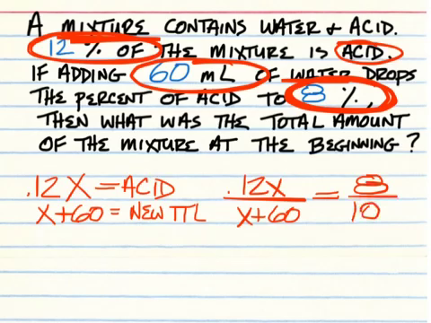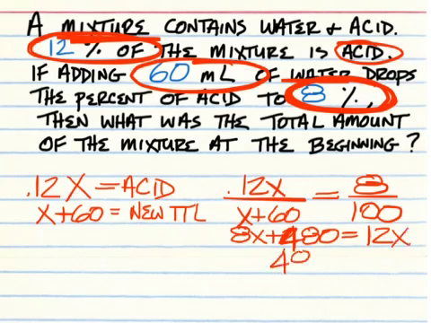So we put 8 over 100. Cross multiply to get 8x plus 480, set that equal to 12x.